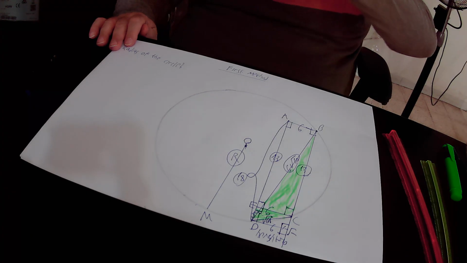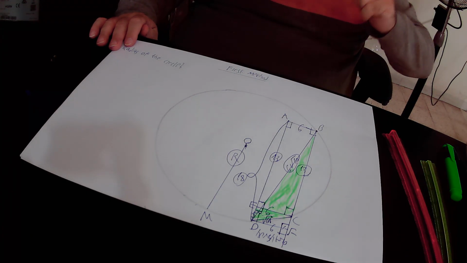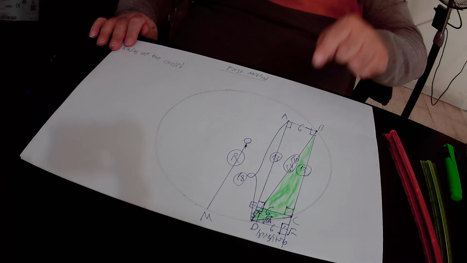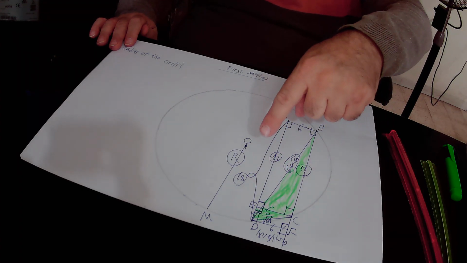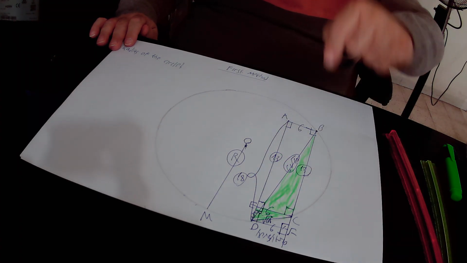We know that the center of this circle is at this point O. Line segment AB equals 6 units. Line segment AD equals 18 units. Line segment BC equals 13 units.